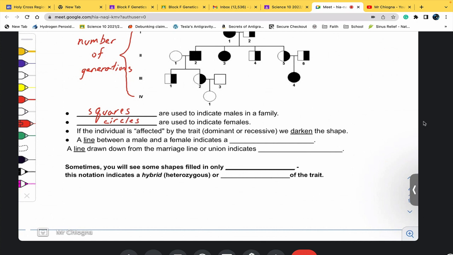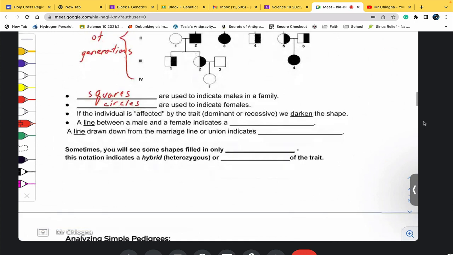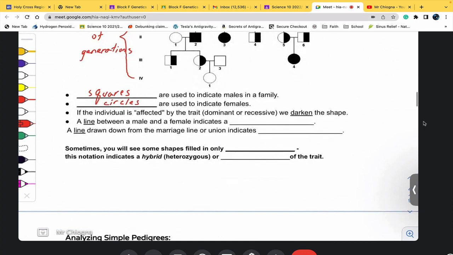If the individual is affected by the trait, we darken the shape. A line between the male and female indicates a marriage.